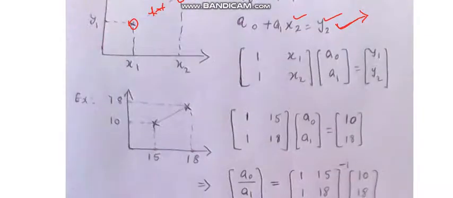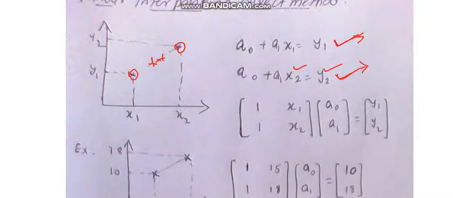So then we have to consider the matrix. So here we have to concentrate. We have first value 1, that is the coefficient corresponding to the variable a0, so that is what we have written here. Then we have x1, and then we have again 1 here, and next one is x2.